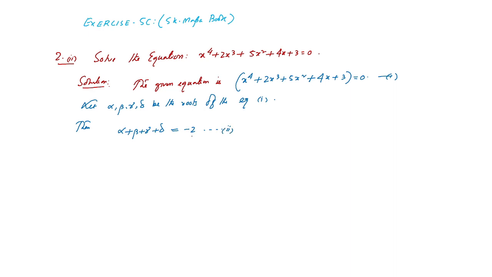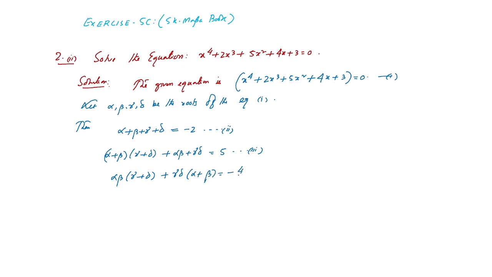Equation number 2. And we can write alpha plus beta into gamma plus delta plus alpha beta gamma delta. That will be 5 by 1, so that means 5. Equation number 3. Alpha beta into gamma plus delta plus gamma delta into alpha plus beta.